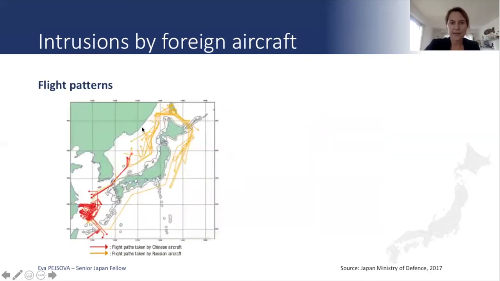Looking at the flight patterns, you can clearly distinguish between the Russian ones, which are concentrated in the northern part of the Japanese territory, although sometimes adventuring all around the Japanese islands, and the Chinese military activity, which is concentrated in the southwest above the disputed East China Sea.